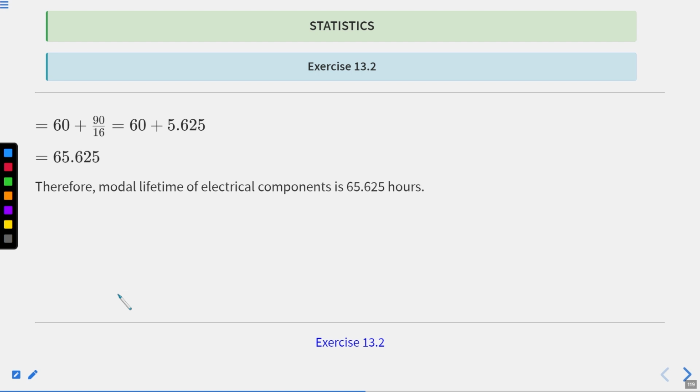So the modal lifetime of the electrical components is 65.625 hours. Now let us move to the next problem.